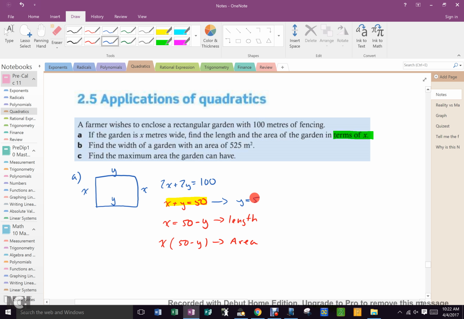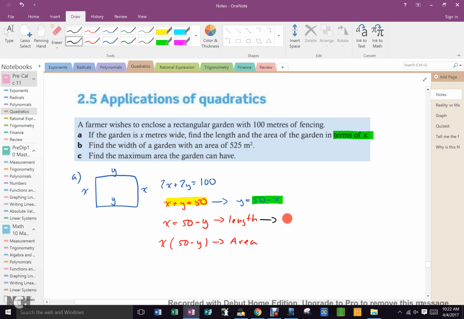If y equals 50 minus x, does that get rid of our y? Why does this get rid of y? Because where can I put that now? Everywhere there's a y, correct? So what will happen here?